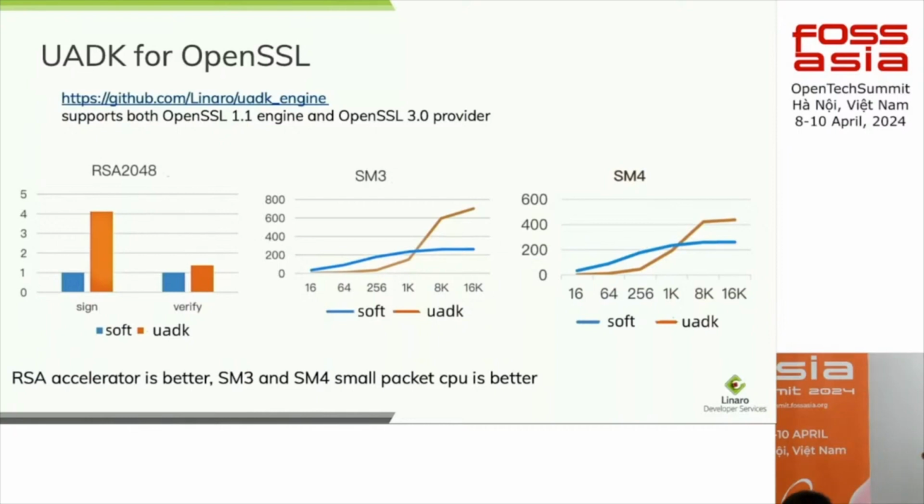And SM3, for big data, because hardware usually does better with big data, big packet size. We have to prepare, and if using small size, the CPU is better because there is no preparation. SM4 is also the same. Using big data is better.